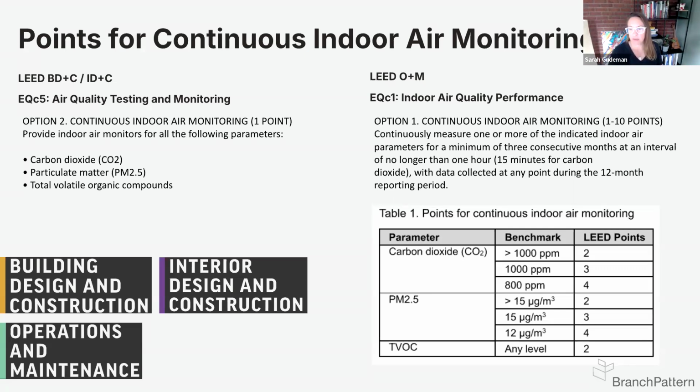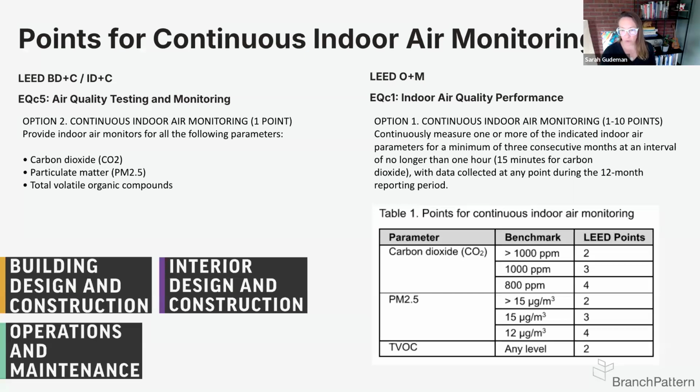So to get 10 points under this Option 1 of EQ credit 1, you can monitor and get the points based on this Table 1. Let me just talk through the options. Points are awarded based on achieving these performance thresholds, so actually hitting these benchmarks for different contaminants.